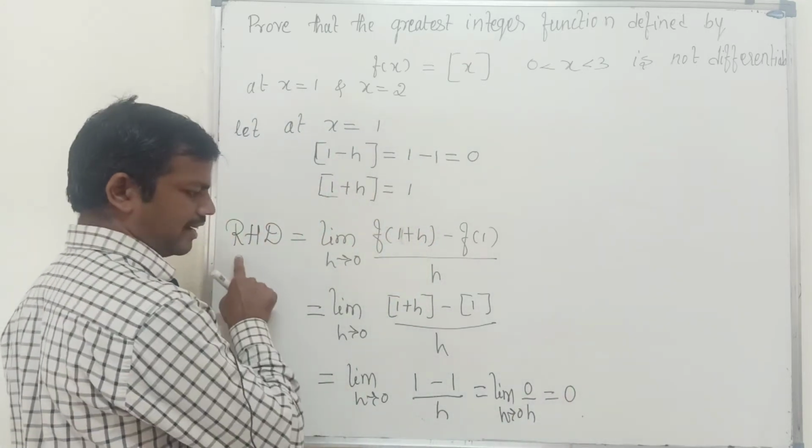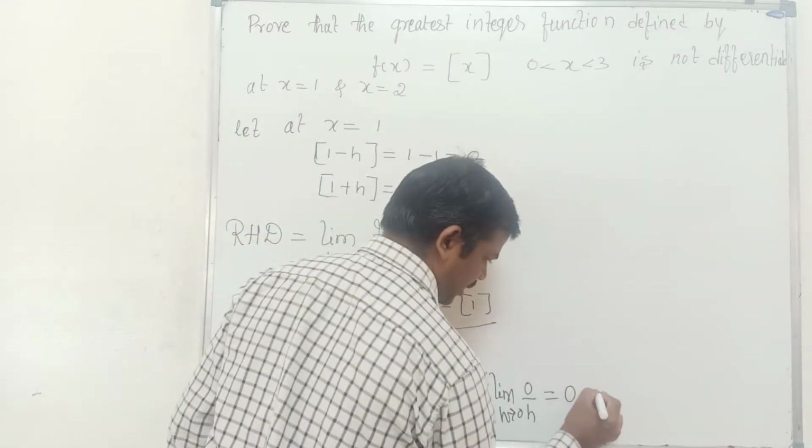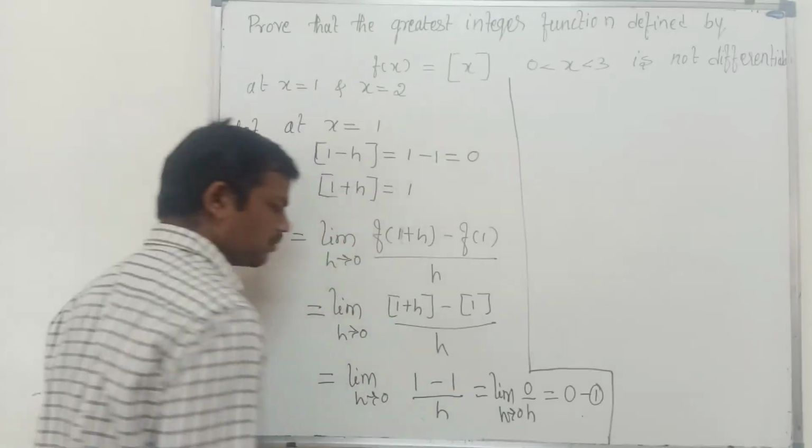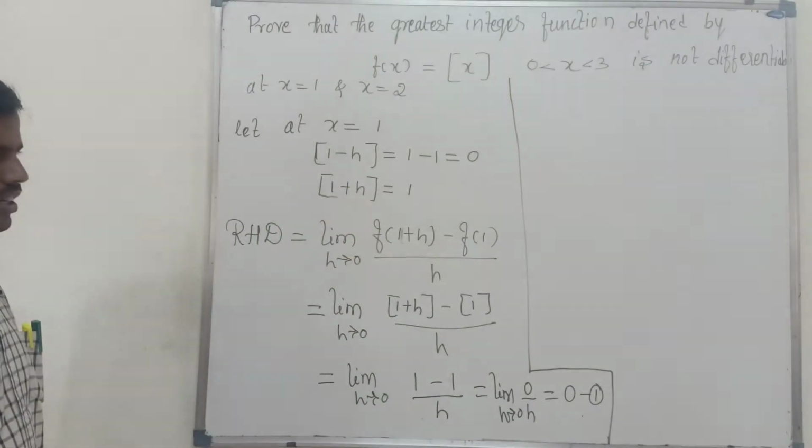So we got the right hand derivative, let me name it as 1. The right hand derivative is 0.